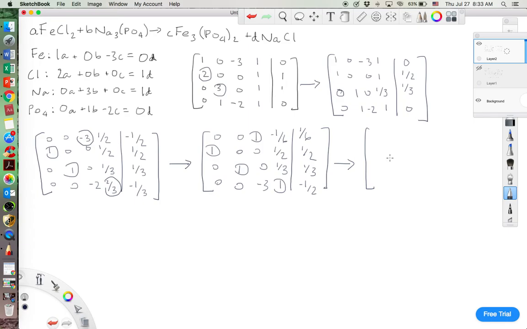We're going to multiply R4 by 2 after that, and we get 0, 0, 1, -1/6, 1, 0, 0, 1/2, 0, 1, 0, 1/3, and 0, 0, 0, 1.